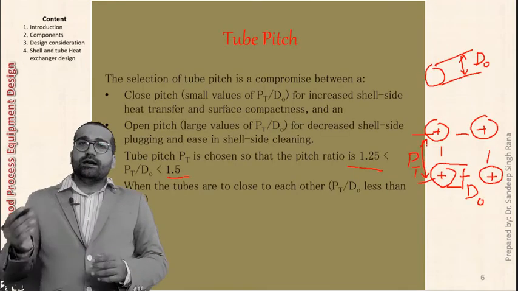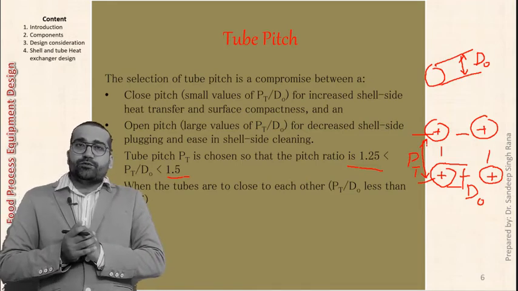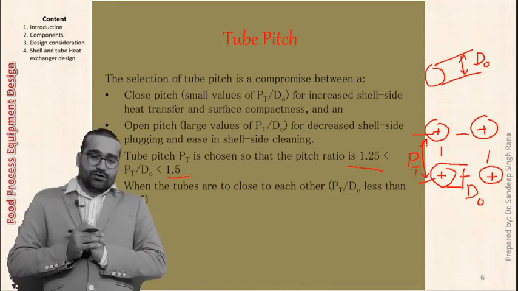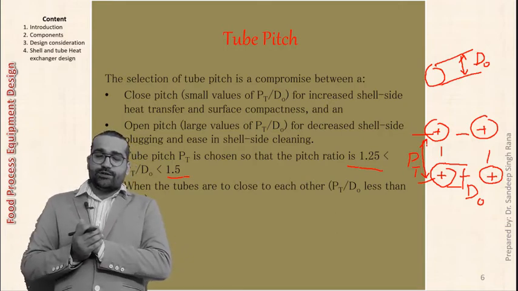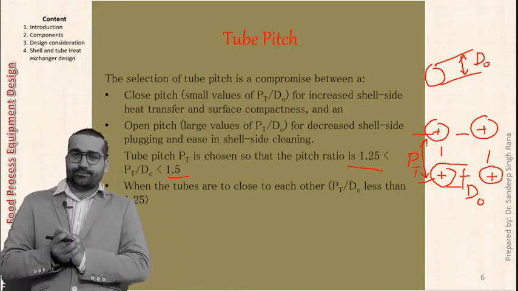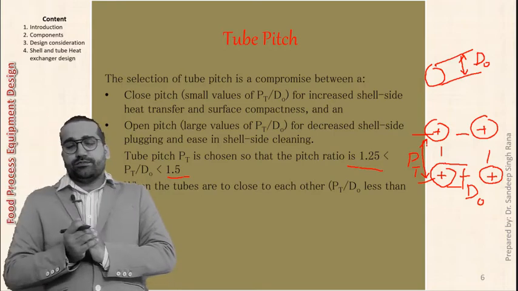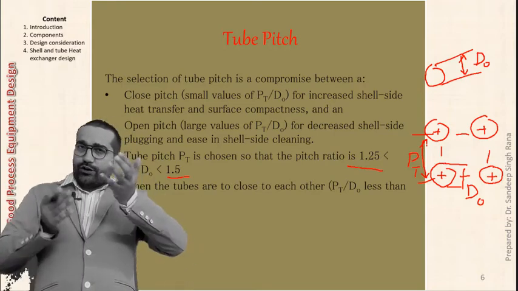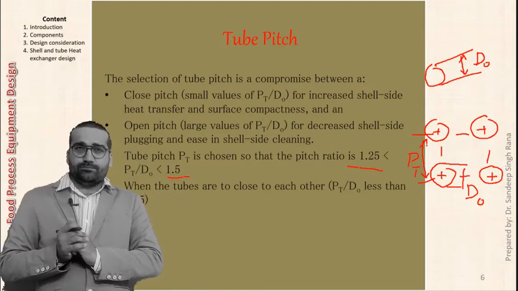Then let us revise again. What is tube pitch? Tube pitch is the shortest center to center distance between two adjacent tubes. Generally the tube pitch varies according to the arrangement we are using.